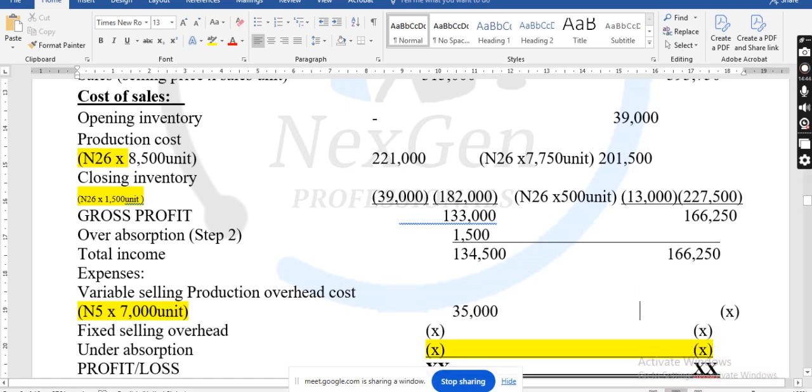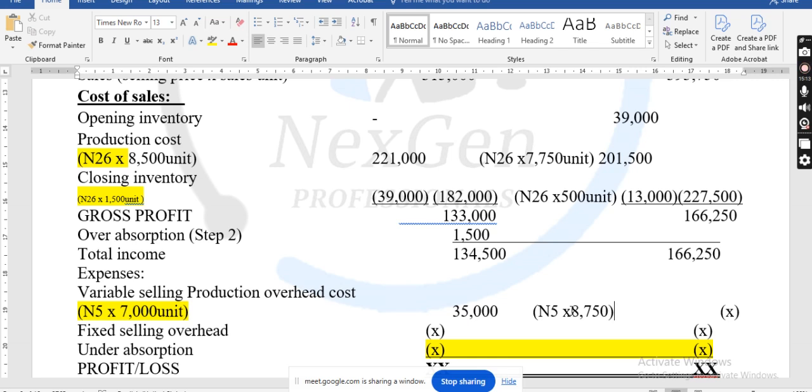So we quickly check for February as well. You multiply 5 naira, right, times the sales unit for February. What is the sales unit for February? 8,750, right? It is given in the question.